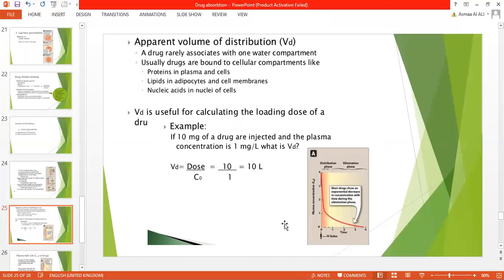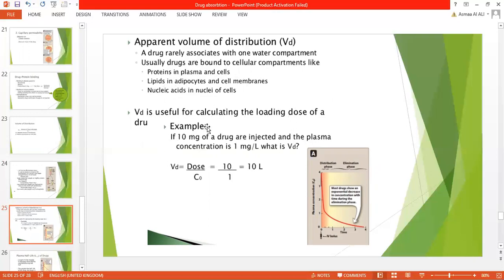Apparent volume of distribution: a drug rarely associates with one water compartment. Usually drugs are bound to cellular compartments, like protein in plasma and cells, lipid in adipocytes and cell membranes, and nucleic acid in the nuclei of cells. Volume of distribution is useful for calculating the loading dose of a drug.